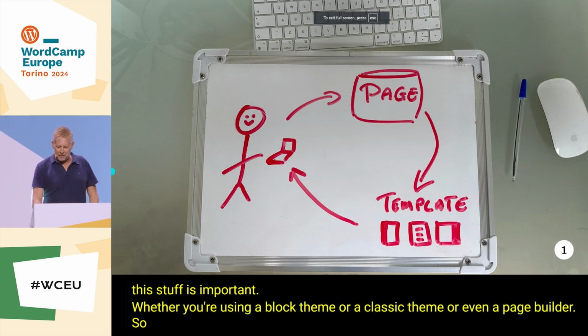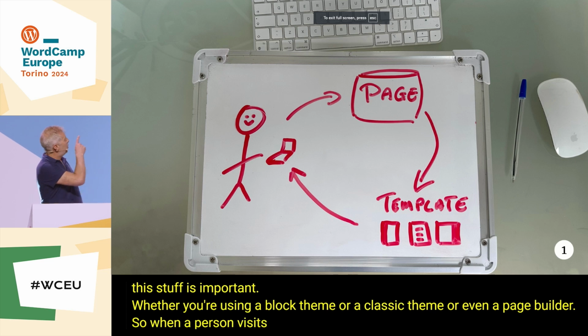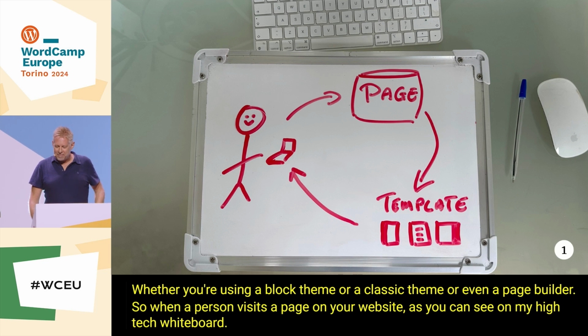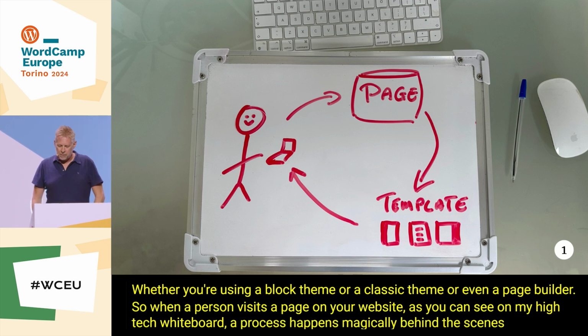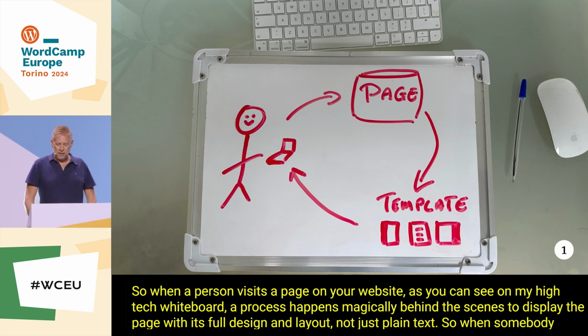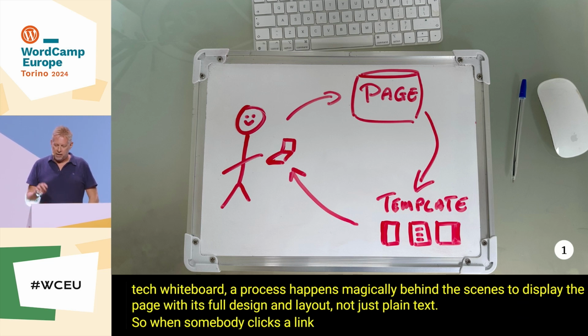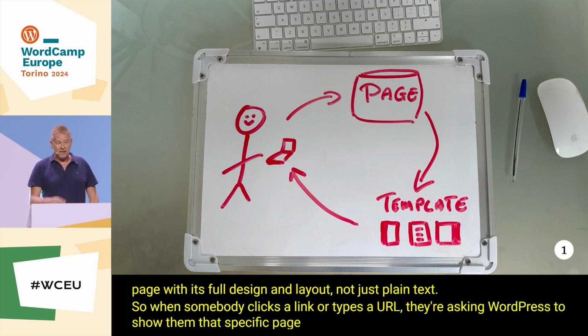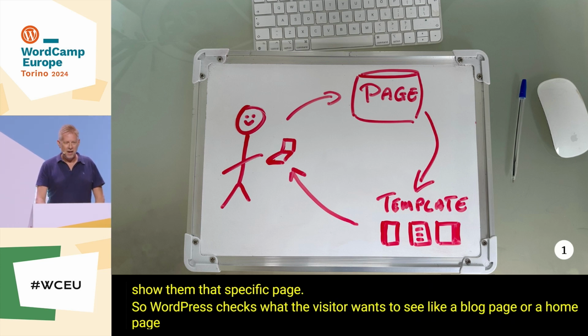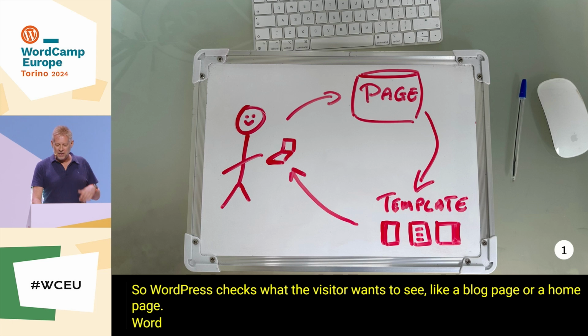So when a person visits a page on your website, as you can see on my high-tech whiteboard, a process happens magically behind the scenes to display the page with its full design and layout, not just plain text. When somebody clicks a link or types a URL, they're asking WordPress to show them that specific page. So WordPress checks what the visitor wants to see, like a blog page or a home page. WordPress then goes to its database to fetch the required content.